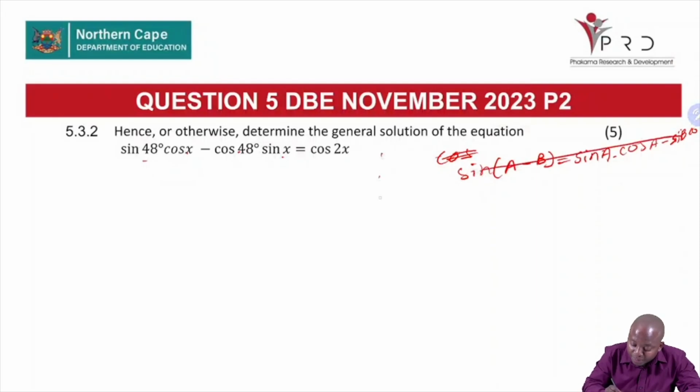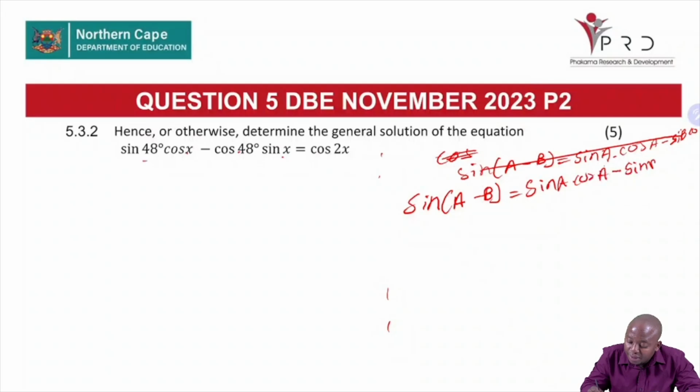So this means from the identity, sine A minus B is the same as sine A cos B minus sine B cos A. So it is the same angle in that case.